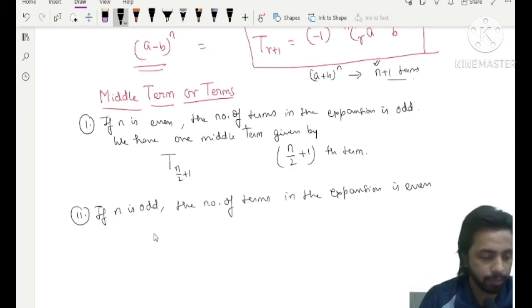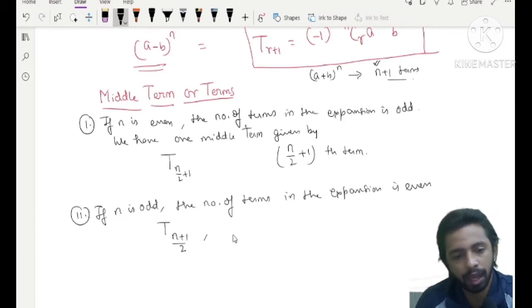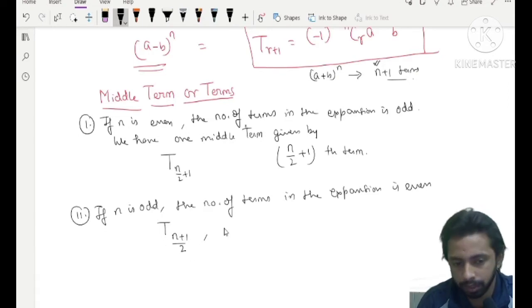The first middle term will be given by t of n plus 1 by 2, and the next middle term will be given by the consecutive term of t of n plus 1 by 2.